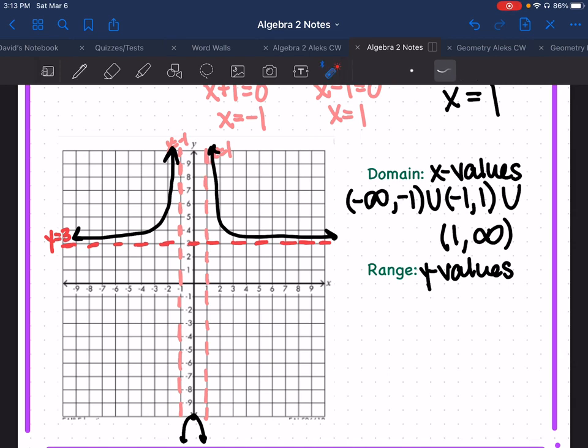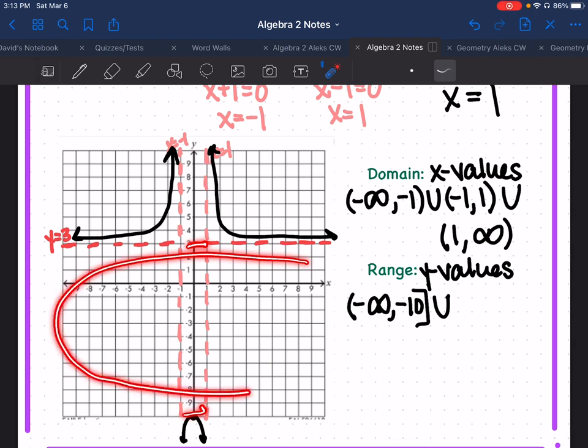If I do negative infinity, that would be down here, and it's going to go until it hits this negative 10. Negative 10 is part of this graph, so it's going to be negative infinity to negative 10, which is part of the graph. Union, and then there's this big gap from negative 10 to negative 3, where there's nothing.